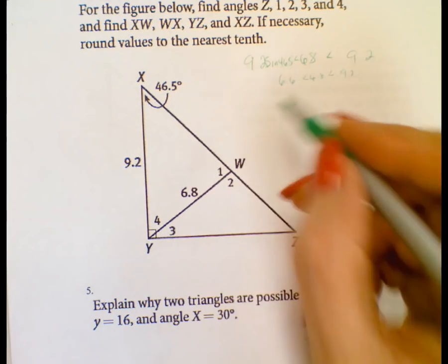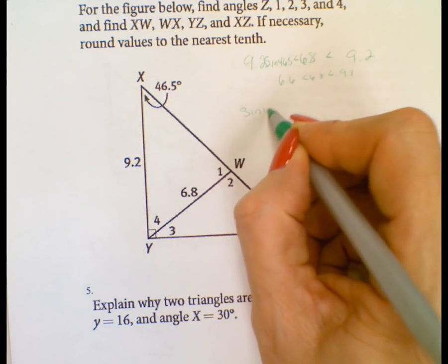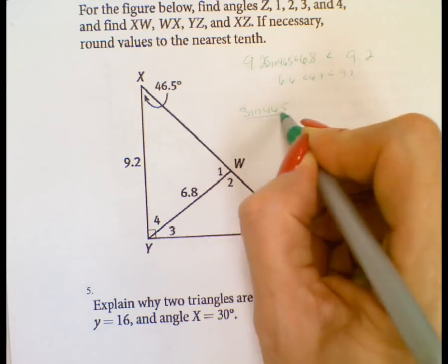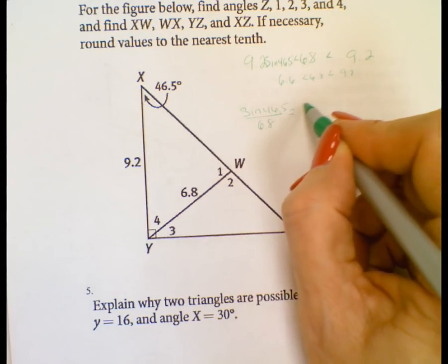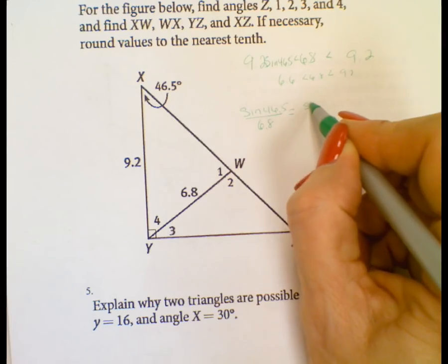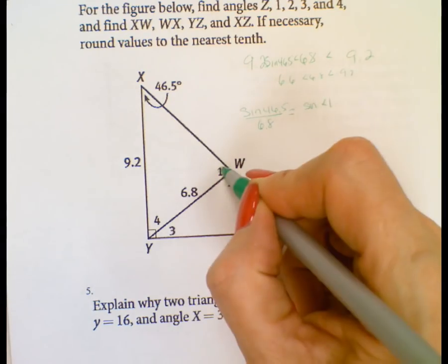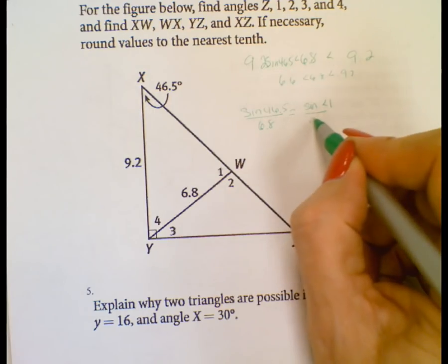So this is 46.5. Let's start with our first one. Sine of 46.5 over its opposite side, 6.8, equals sine of angle 1, that's this one, over side 9.2.